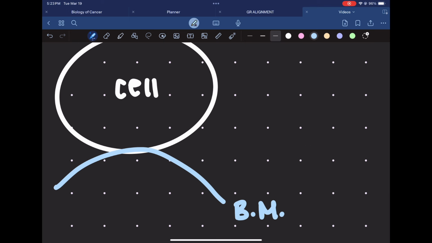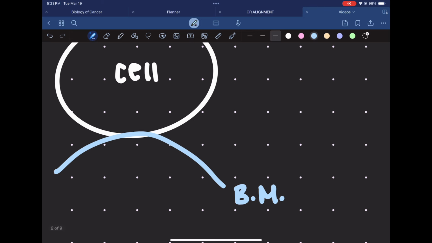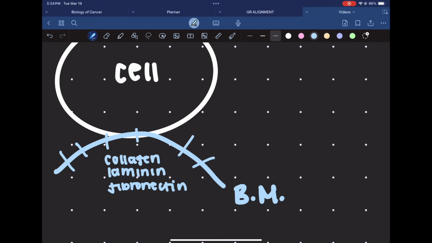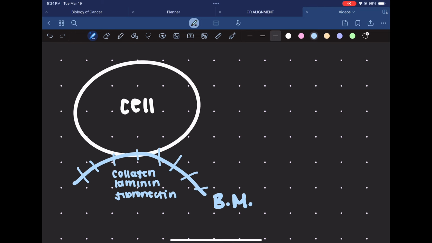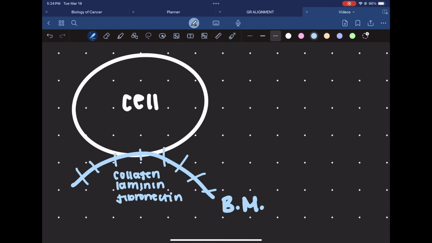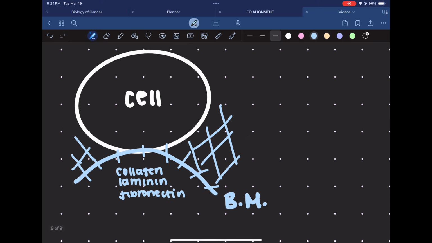This 2D representation isn't perfect, but it's these layers of different proteins or different fibers like collagen, laminin, and fibronectin. Different fibers that are going to be present in this basement membrane, sticking out and interacting with our cell. And these partially hold it in place as well and form this mesh that our cell exists within.